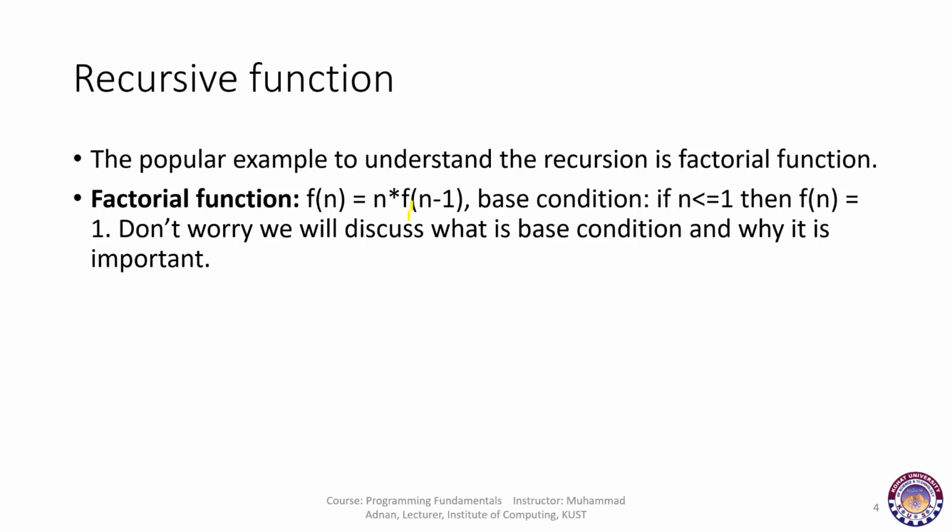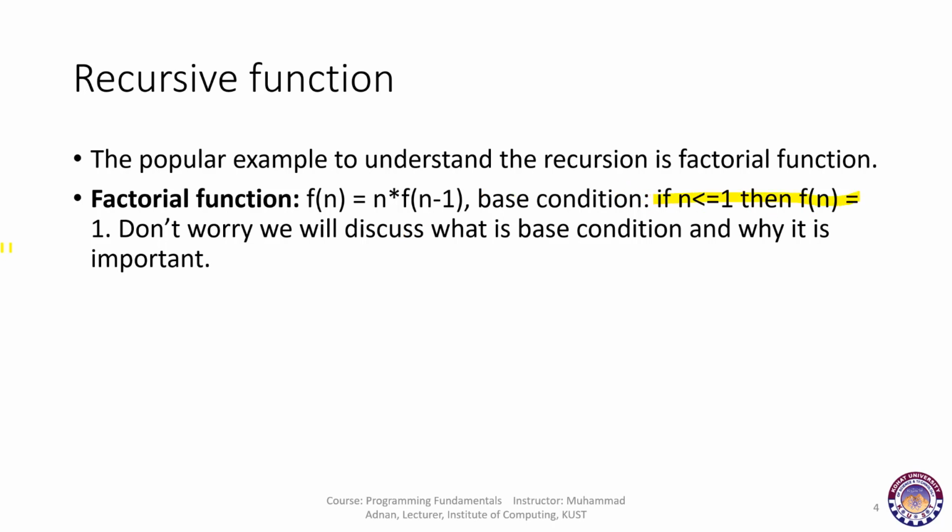And this f of n minus 1 becomes another function which goes on and on until we reach a base condition. So what is the base condition? If n is less than or equal to 1, then f of n is equal to 1. So this is our base condition.